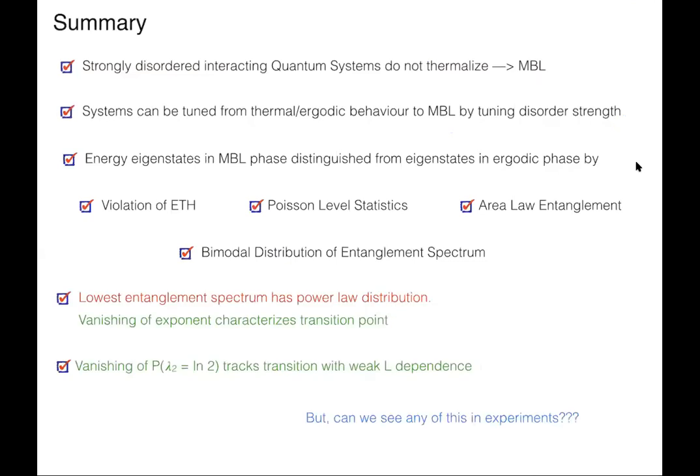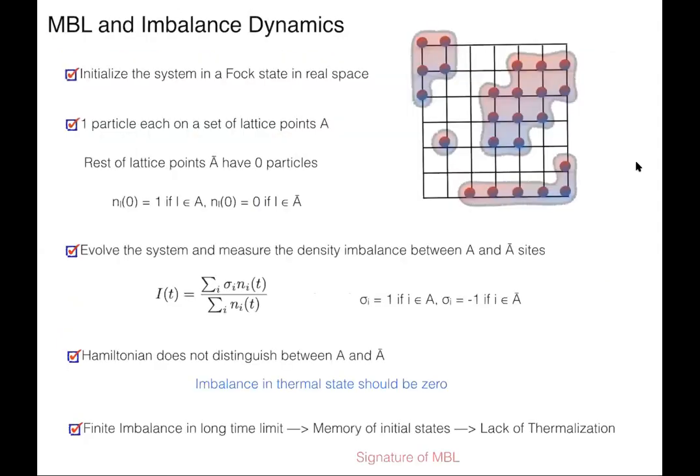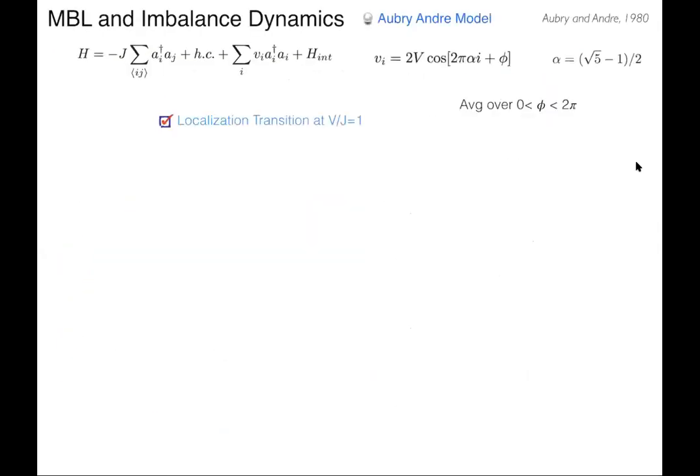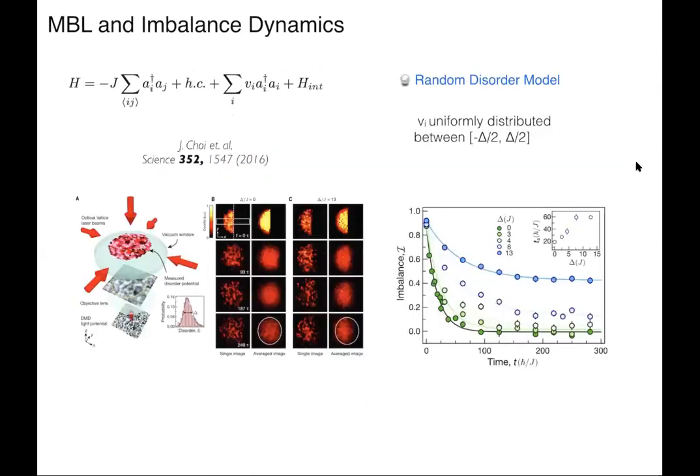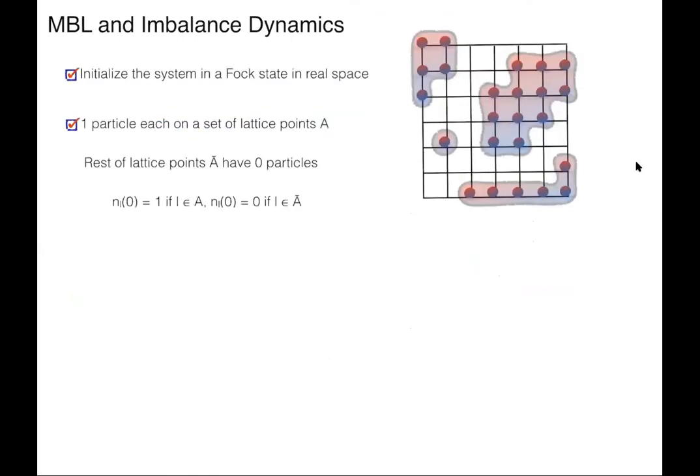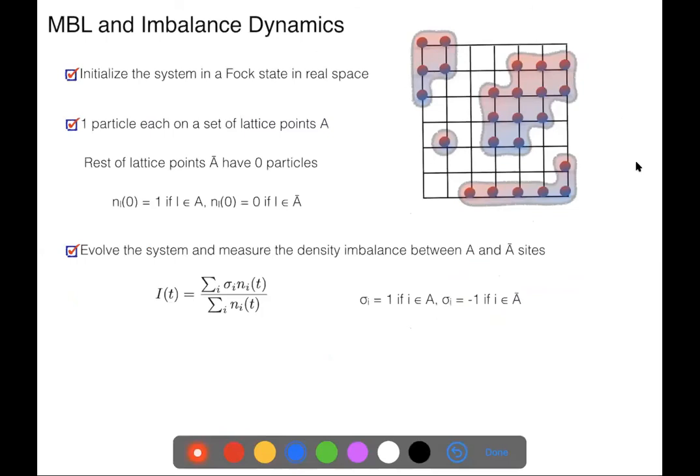I think I'm way over time, so I will stop talking about the other thing, which is, can we see any of this in experiments? Because, as I said, if you tell an experimentalist about energy eigenstates, but that's maybe for some other day. Let me ignore all of that, and just show you one line: what people do is they measure how systems retain memory. They initialize systems with one particle on some sites, 0 particles on other sites, and let them evolve.